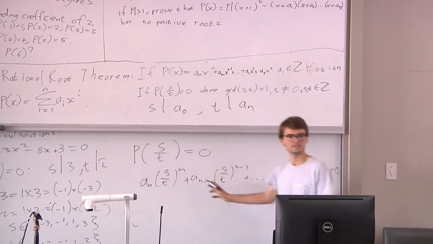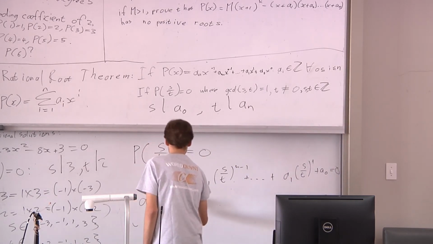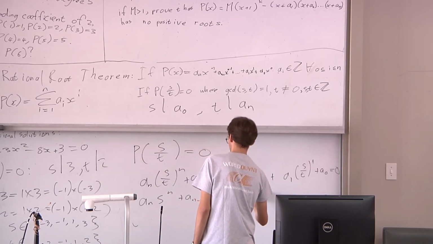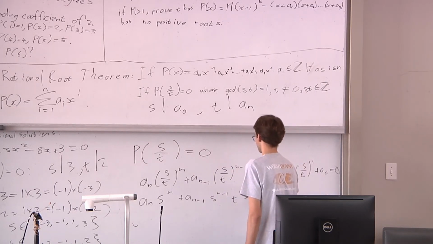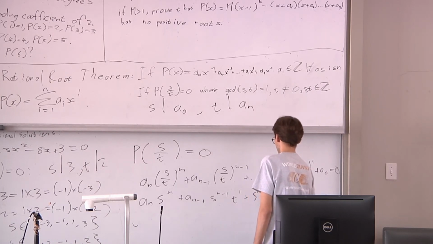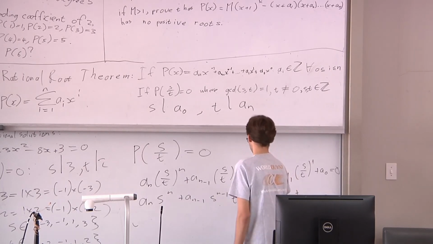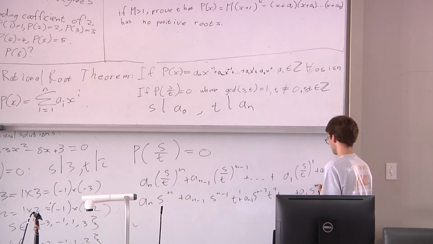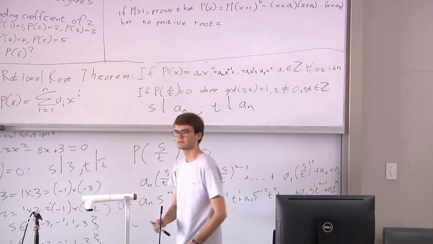So you multiply through by t to the n, and you get that a_n s^n plus a_(n-1) s^(n-1) t, plus a_(n-2) s^(n-2) t squared, plus a_1 s t^(n-1) plus a_0 t^n is equal to 0.